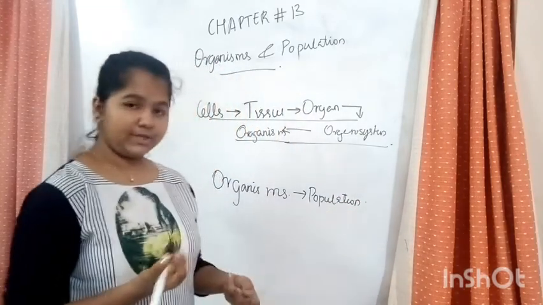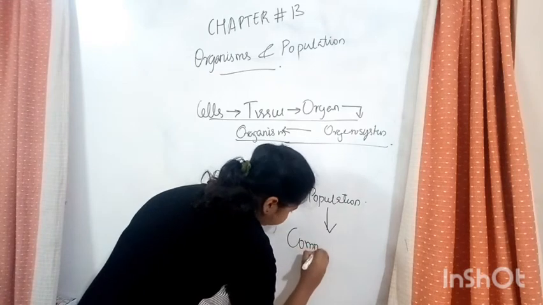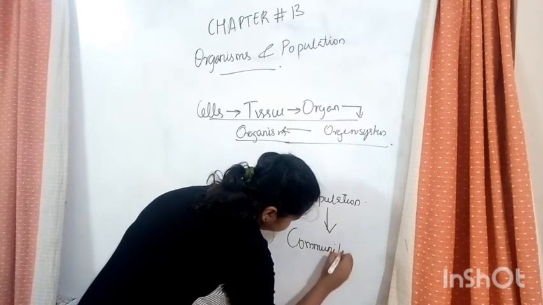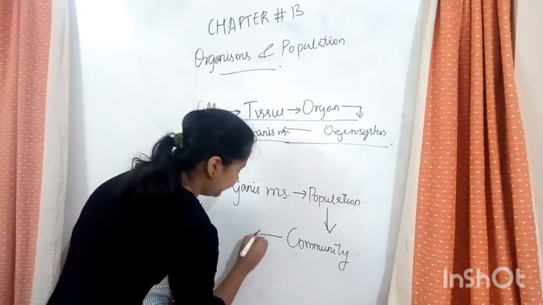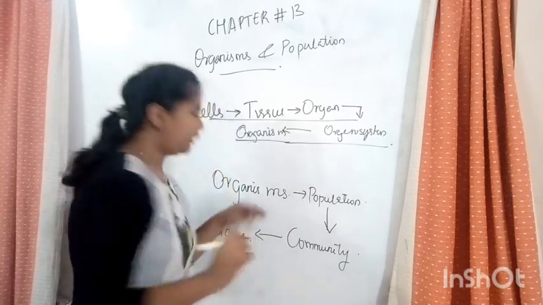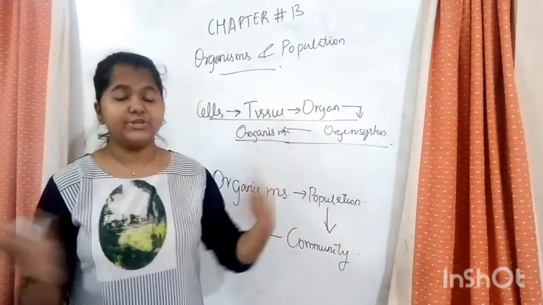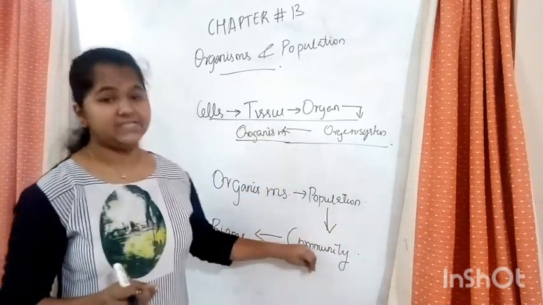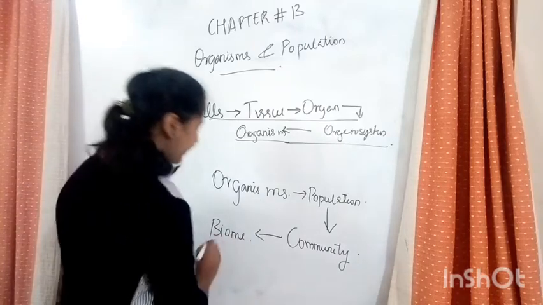Then after population, community. And what's after community? It forms the biome. When the organisms form a population, different populations of different organisms give rise to community. And these communities together with the surroundings form the biome.